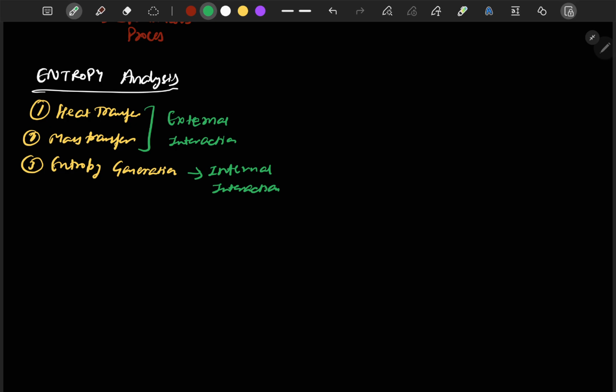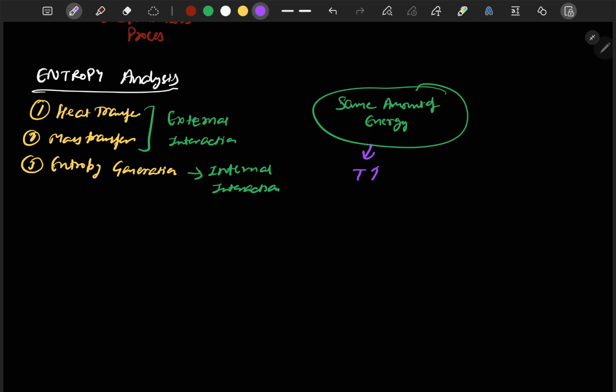Now let's talk about the same amount of energy. If the temperature of the system is increased, then its entropy will decrease, because if the energy amount is the same, at higher temperature the grade will be high.